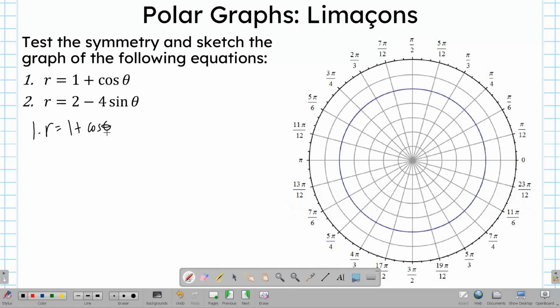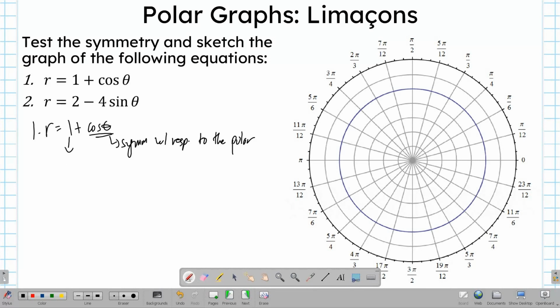Now, before we do the symmetry test, we know that it's a limaçon because of its form, A plus B cosine theta. And since it's cosine theta, we expect that it is symmetric with respect to the polar axis.